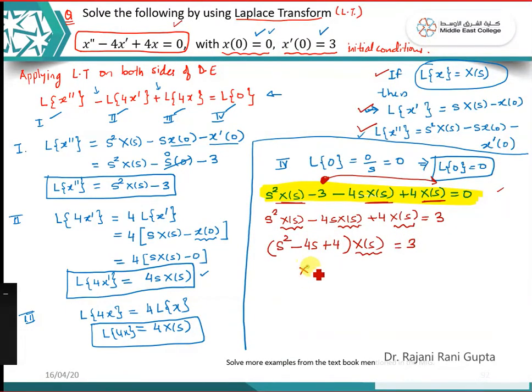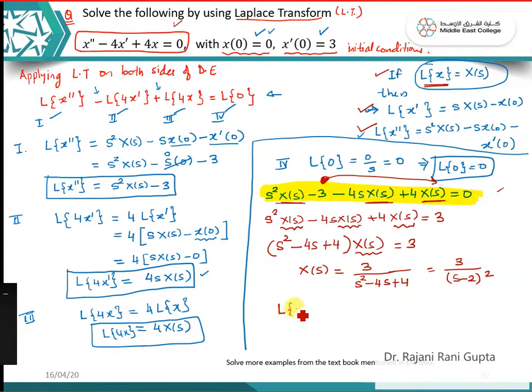Now as we are looking for the value of X of s, this is 3 over s square minus 4s plus 4. So we can write it as 3 over (s minus 2) to the power 2. Okay, now what does X of s stand for? It stands for Laplace of x.